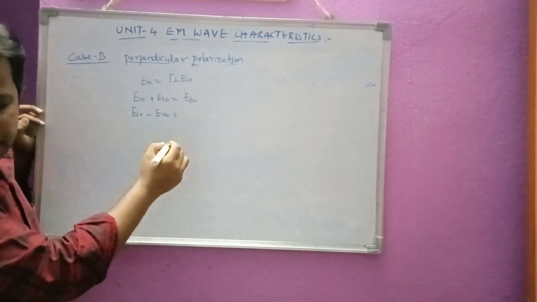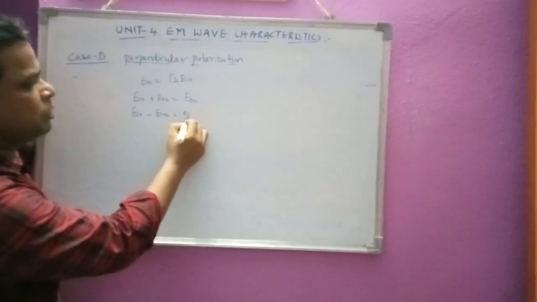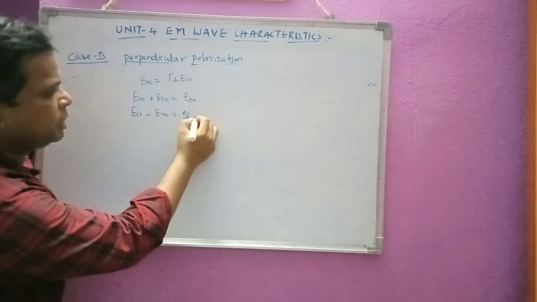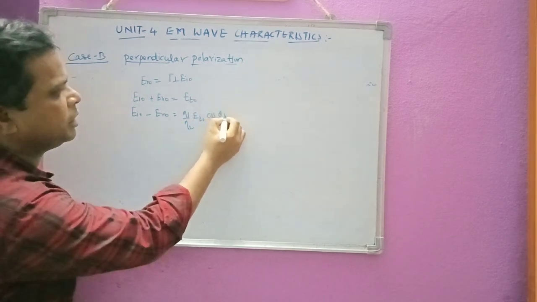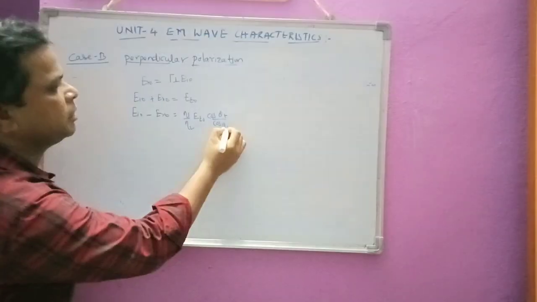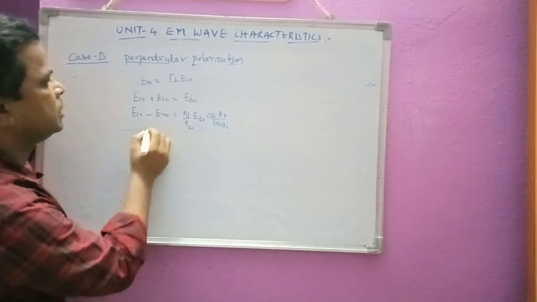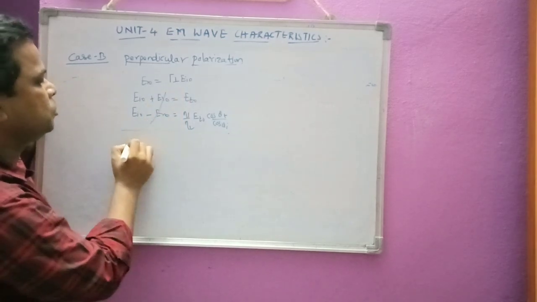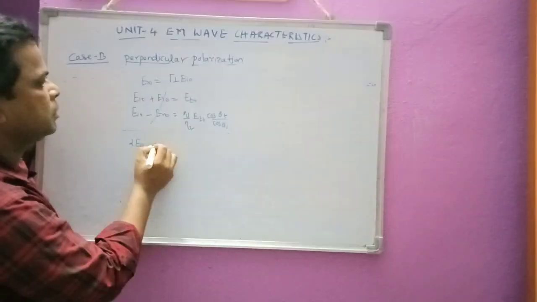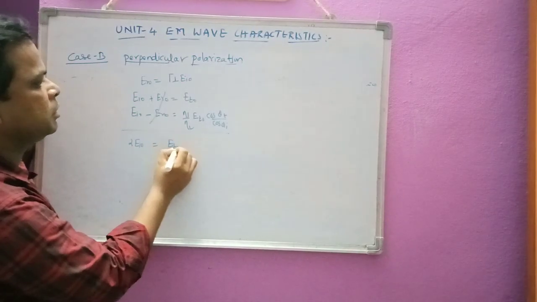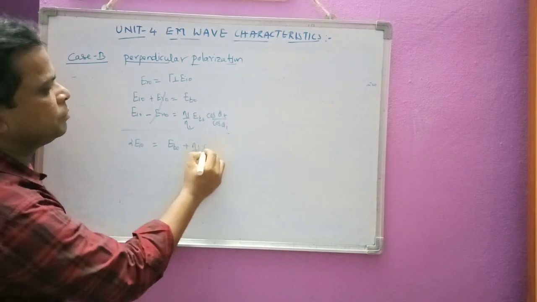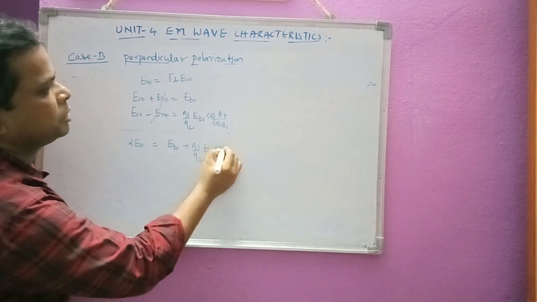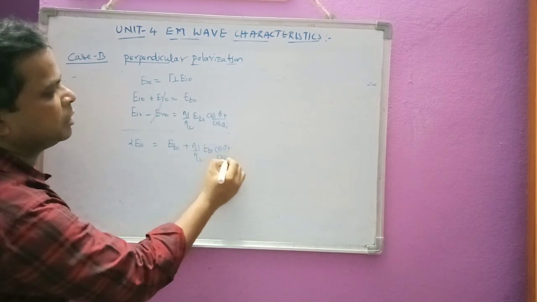So in order to do that, I will multiply by eta1 by eta2 into cos theta t by cos theta I here. Now I am going to add these two equations here: 2 EI0 is equal to ET0 plus eta1 by eta2 ET0 cos theta t by cos theta I here.